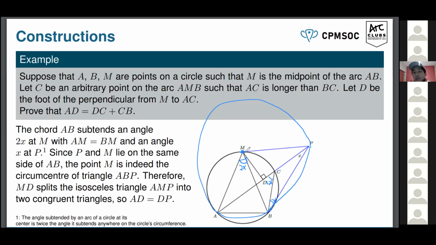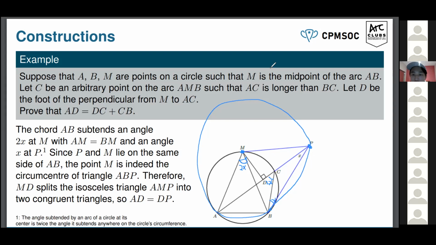So this is also a very nice property to note. The angle subtended by an arc of the circle at its center, M, is twice the angle it subtends anywhere on the circle's circumference, right here. So 2x is twice x, so M has to be the center.